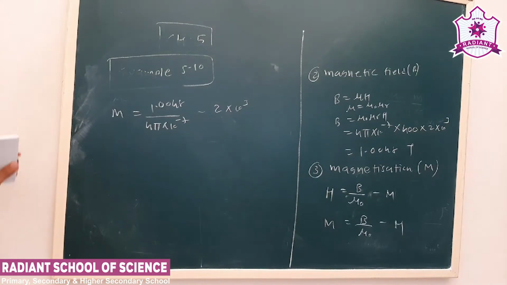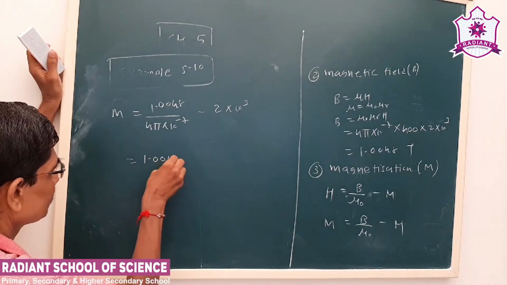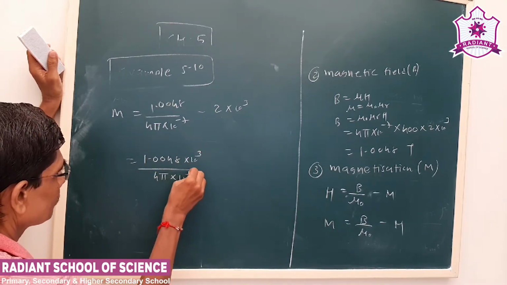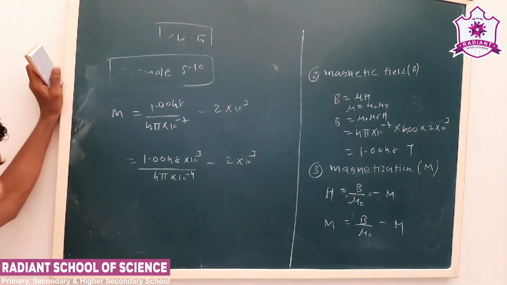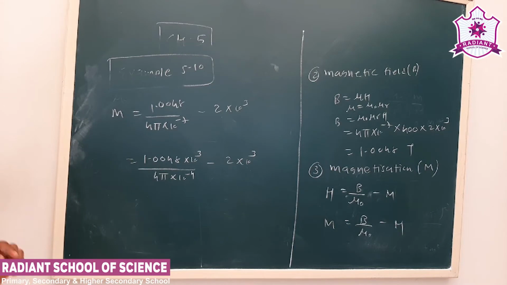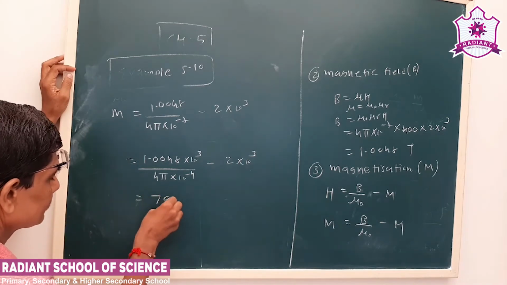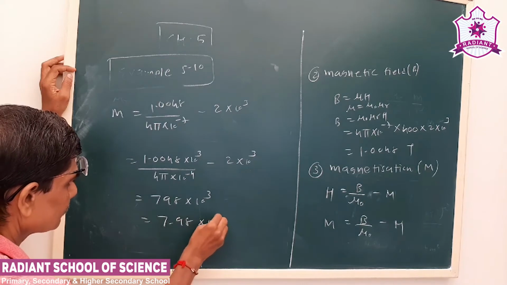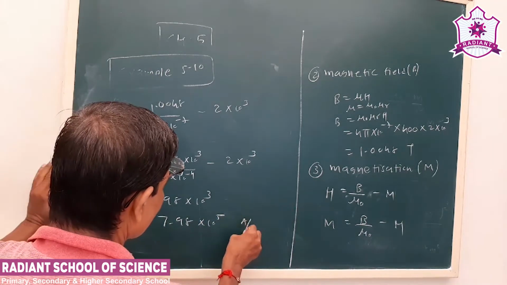So you should convert this into terms of power. 1.00 minus, okay, now so then you can obtain 798. Now see, what is the unit of magnetization? Unit is again ampere per meter.